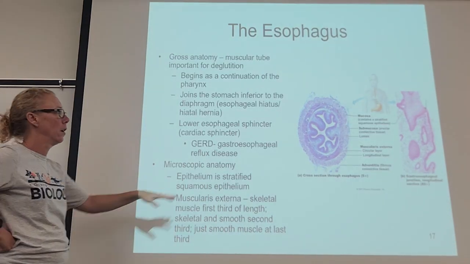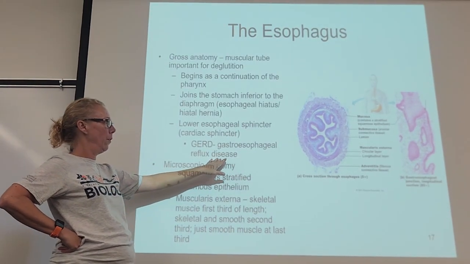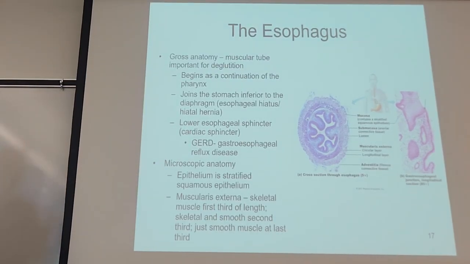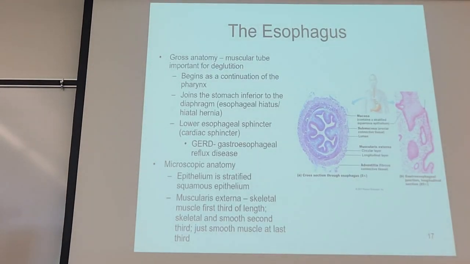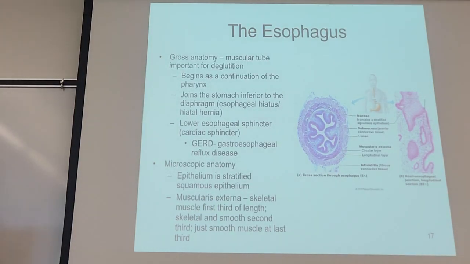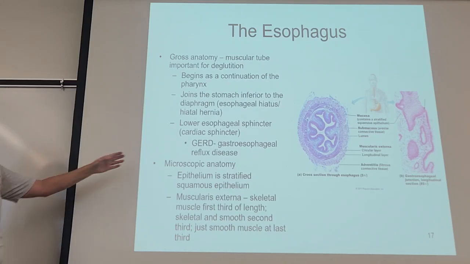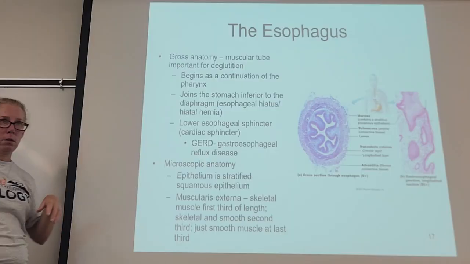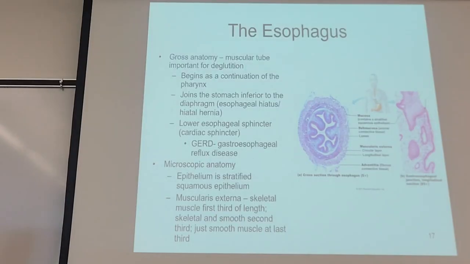You also can get people that have problems with this lower sphincter. That sphincter may not work as well, especially those that have the hernia. And so you're going to get regurgitation of acidic stomach content back into the tube, and that's called GERD, gastroesophageal reflux disease.